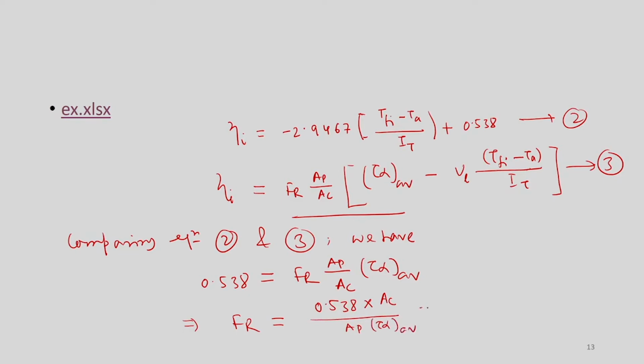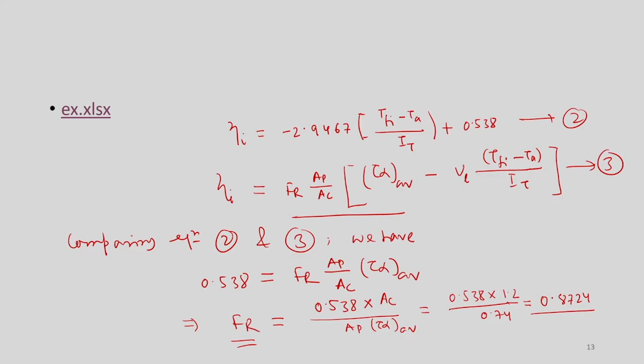If we substitute those values, AP by AC is 1.2, and tau alpha average value is 0.74, which is given in the problem. So, if you substitute, we will get something like 0.8724. So, the FR value is found to be 0.8724, right.